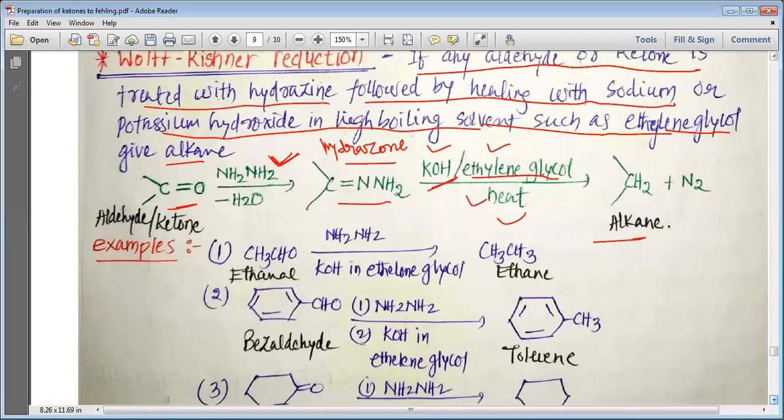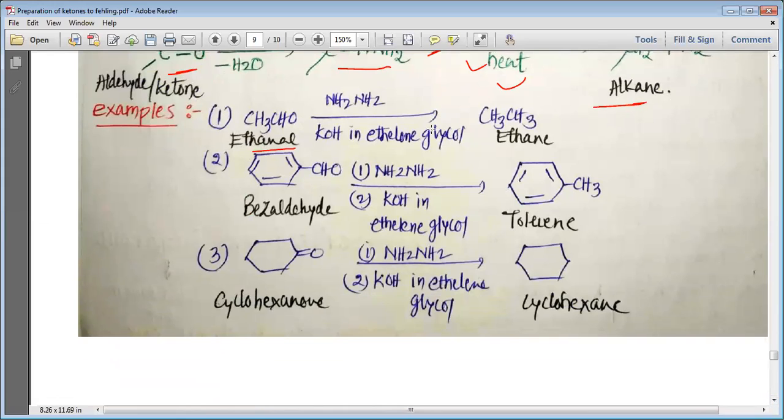So you can see that from ethanal, you get ethane, from benzaldehyde, you get toluene, from cyclohexanone, you get cyclohexane. So this oxygen is being removed and two H are being added by the reduction.